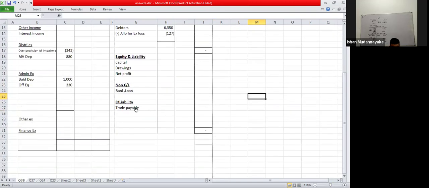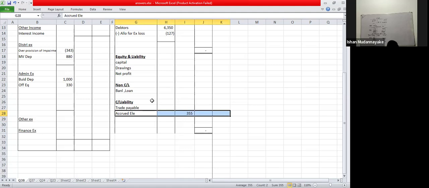Now, accrued electricity 355. Okay, accrued electricity 355. And then opening electricity paid amount how much?